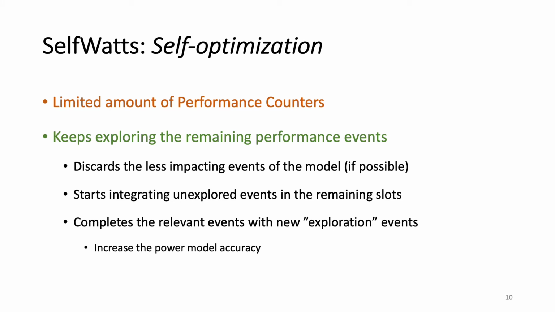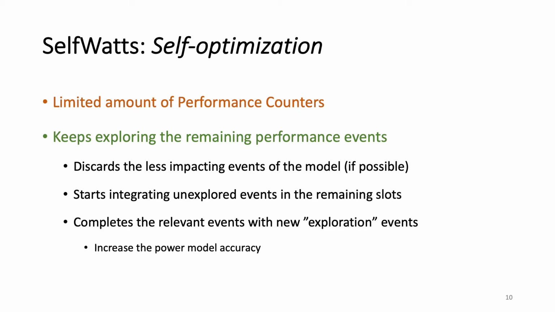There is a limited amount of performance counters available on the CPU, so in order to keep exploring the remaining performance events, we need to remove the less important events of the model, if possible.